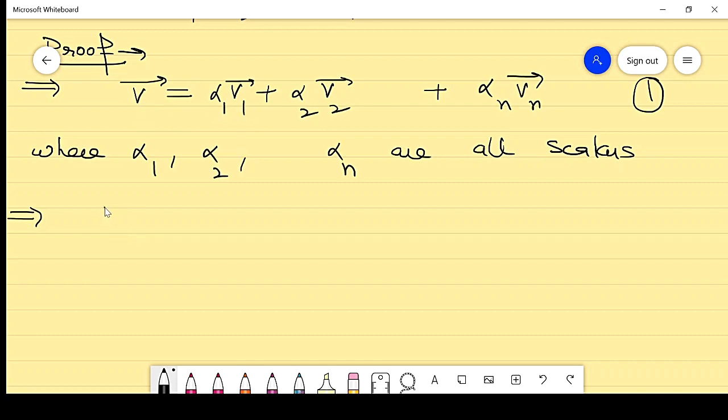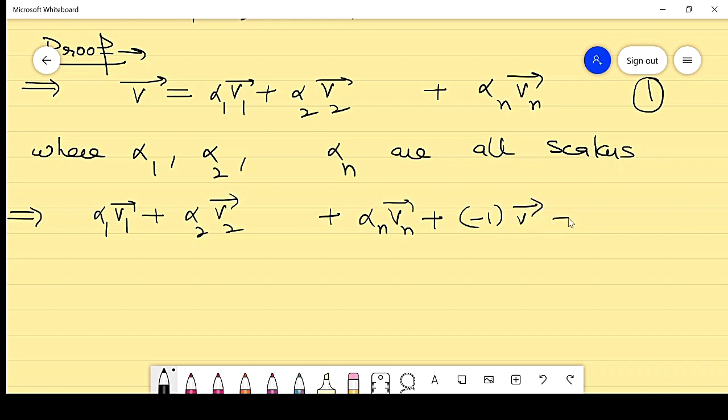So we get alpha 1 V1 vector, alpha 2 V2 vector plus alpha n Vn vector plus minus 1 into V vector, which is equal to 0.